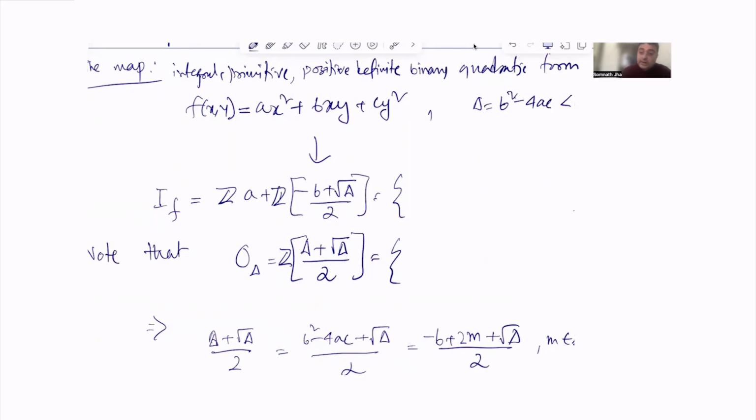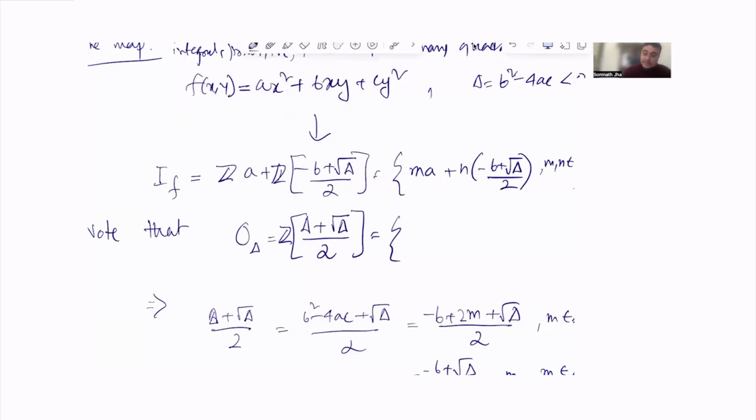So √Δ is an imaginary complex number. So you send it to the set of m·a + n·(−b + √Δ)/2, where m and n are integers.